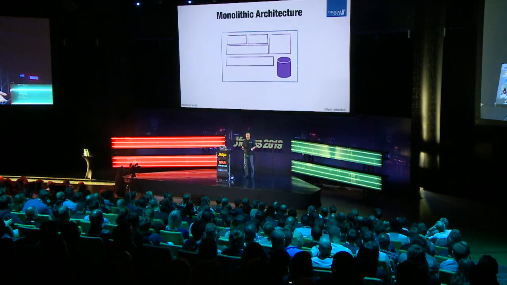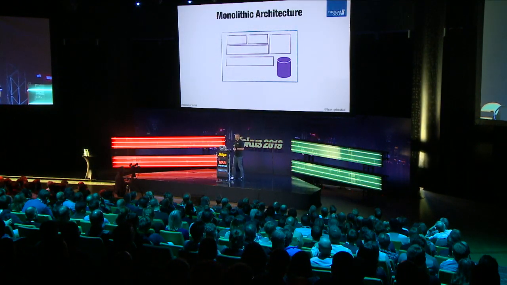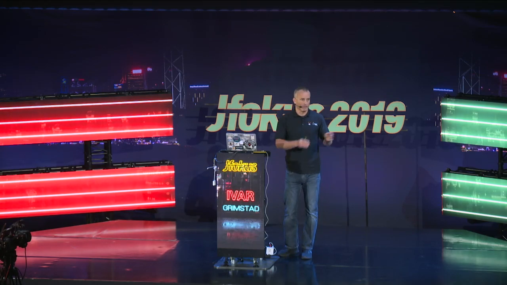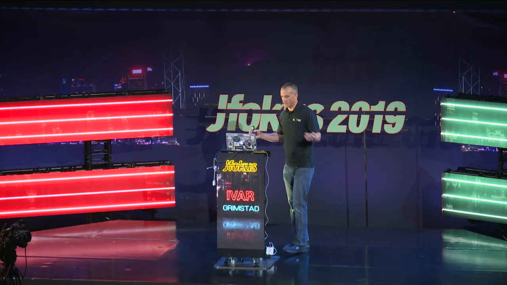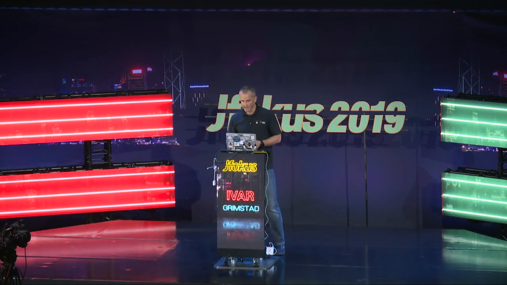Another common thing about monoliths is that you usually have a common data source. So when you do a change in your database schema, it probably will affect most of the components in the application, or at least you have to redeploy the entire thing.